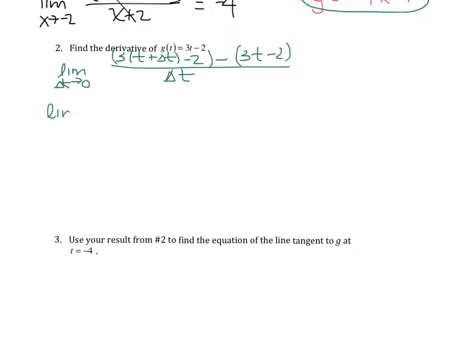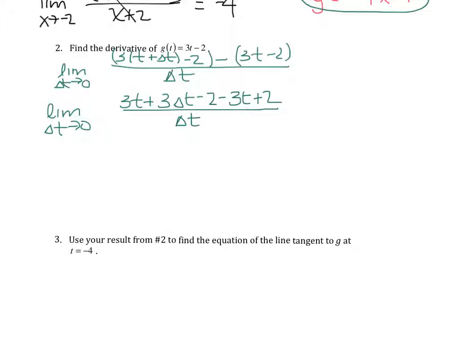When we work this out, that gives us 3t plus 3 delta t minus 2 minus 3t plus 2 all over delta t. Well, things should cancel. We have a negative 2 and a positive 2, a negative 3t and a positive 3t, and then 3 delta t over delta t.